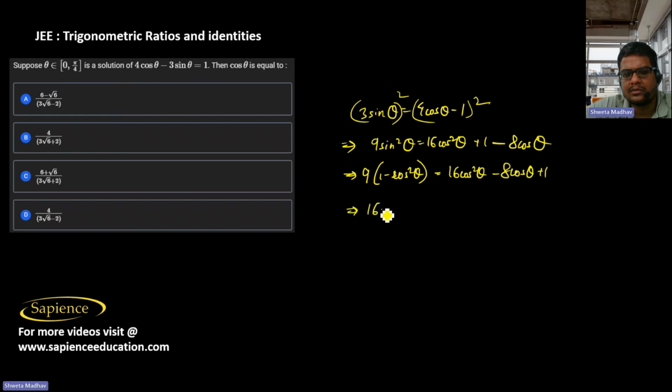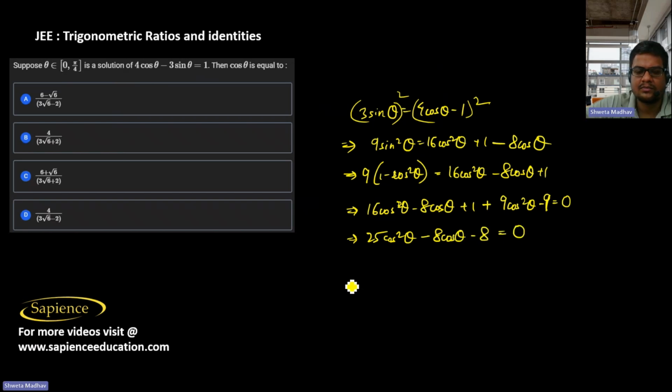So this will be 16 cos square theta minus 8 cos theta plus 1 plus 9 cos square theta minus 9, equal to 0. So this will be 25 cos square theta minus 8 cos theta minus 8, equal to 0.